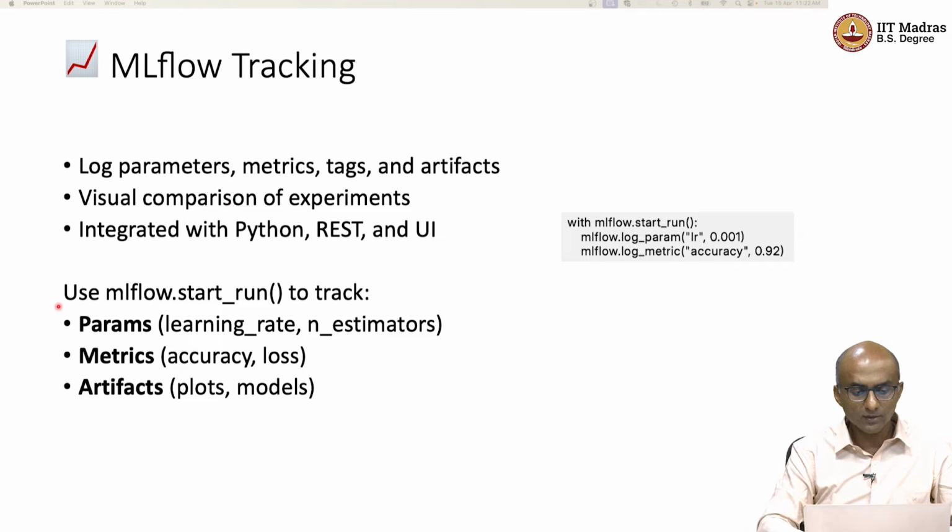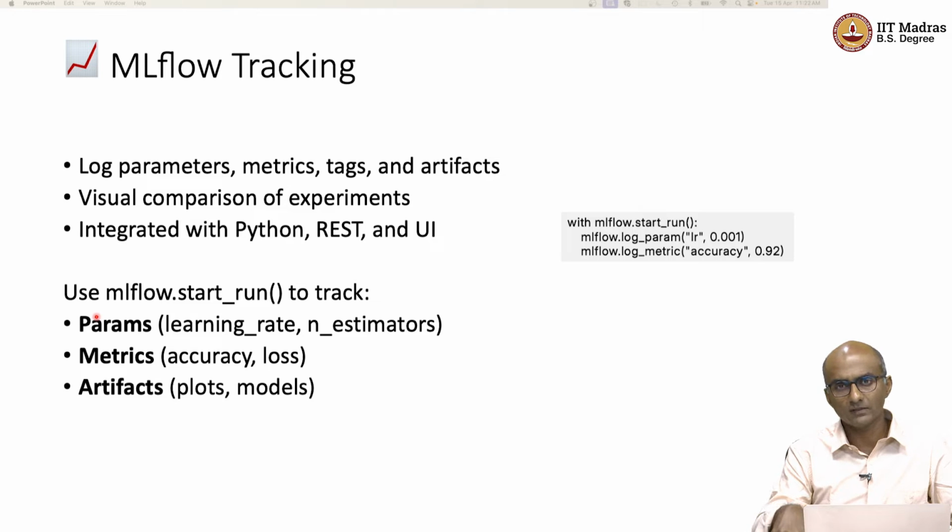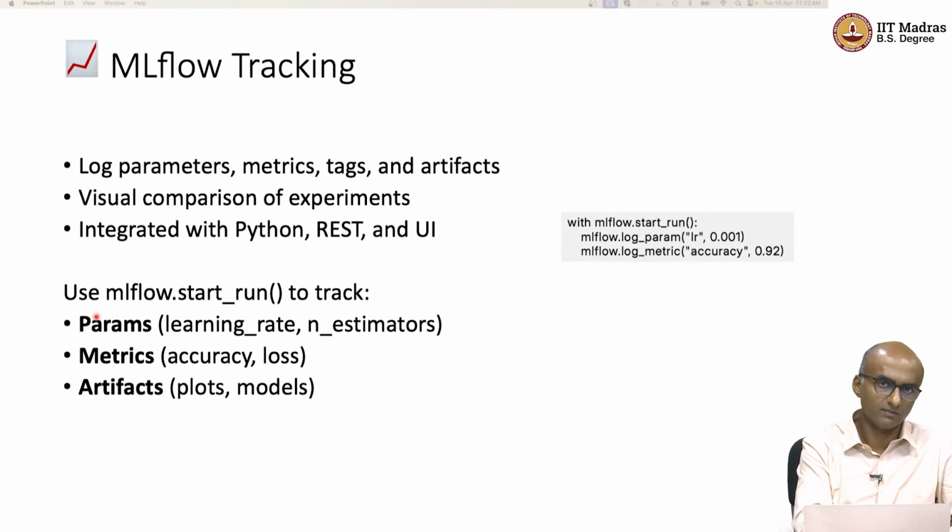So in general, you can use MLflow start run as the start of the particular run for that experiment, and then track the full range of hyperparameters that you have access to, metrics associated with that run, and artifacts that are produced by that run, so that you have traceability back to the individual versions of the models themselves.